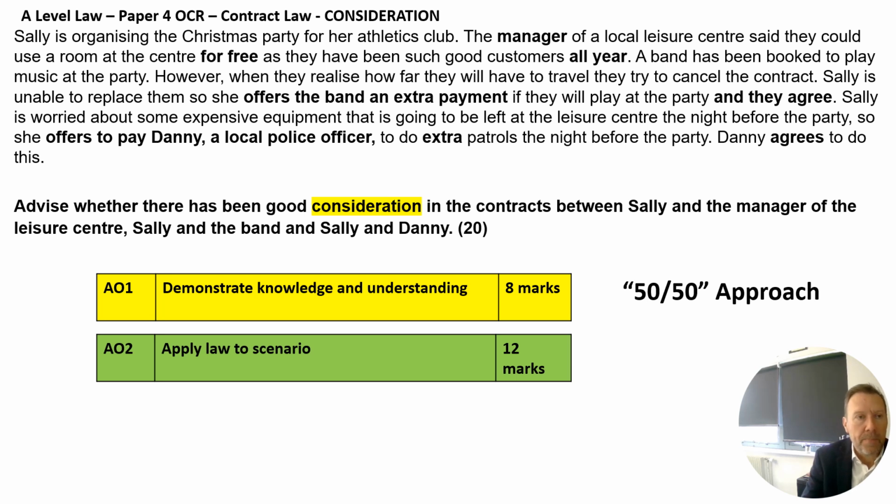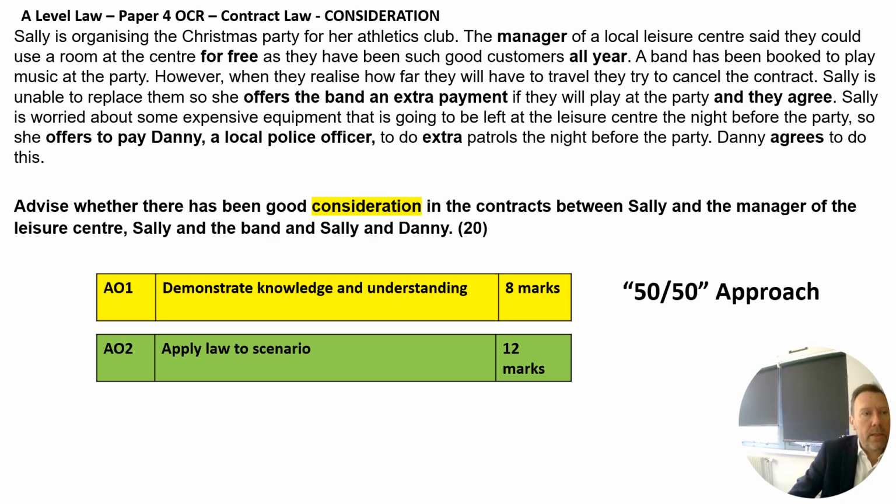I just think with contract law it doesn't quite work as well if you do that approach. There's nothing wrong with it, but it might be better to just blast off all the AO1 and then follow it up with the AO2 that was relevant to those points. Anyway, let's have a look at the question itself.